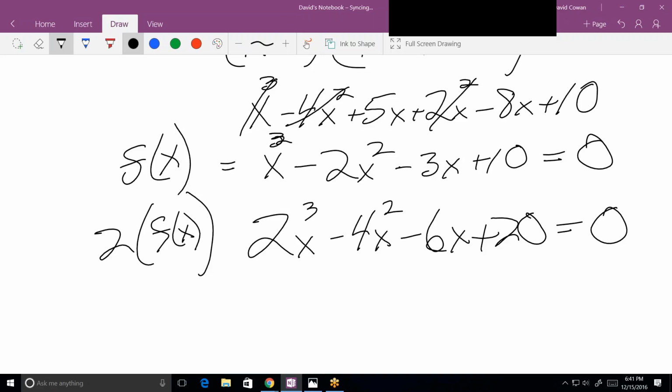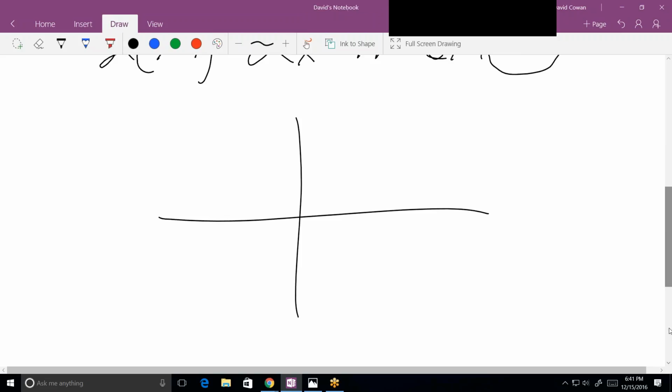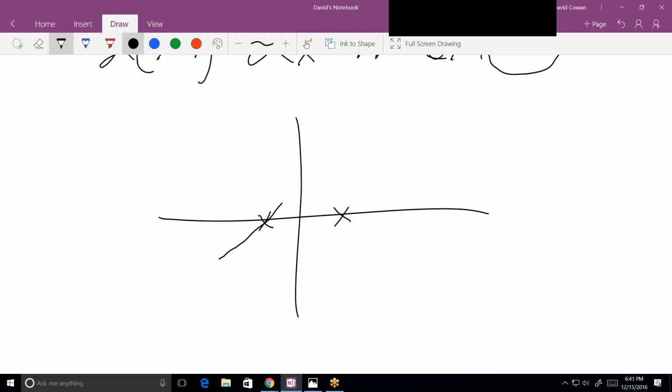But it satisfies their condition that this function has a y-intercept of 20. It still has the same 3 zeros as the other function. And how is that possible? Well, let me draw something for you here. If I have zeros right there and right there, let's say that my function looks like this.